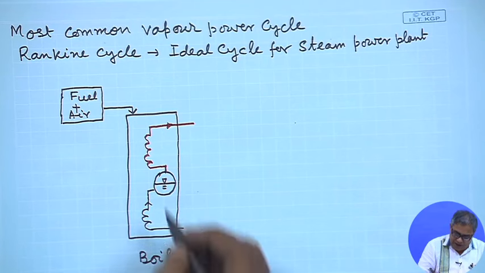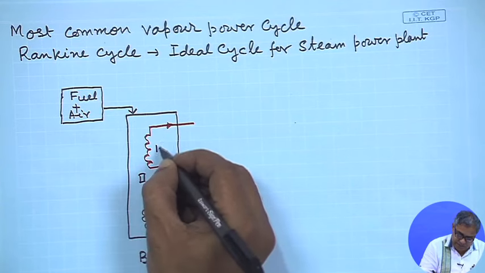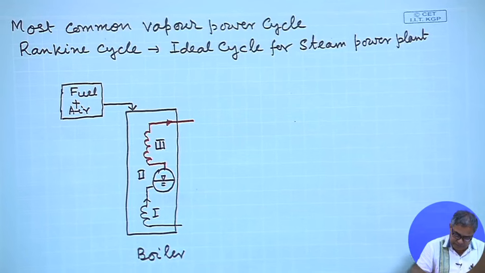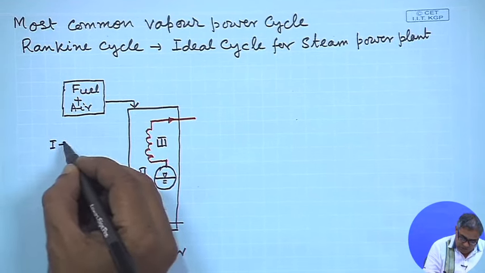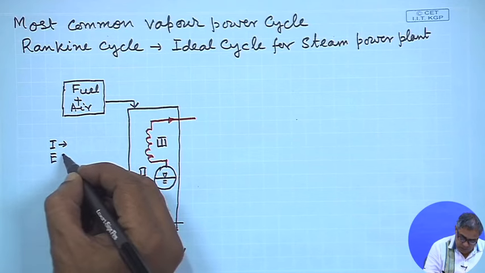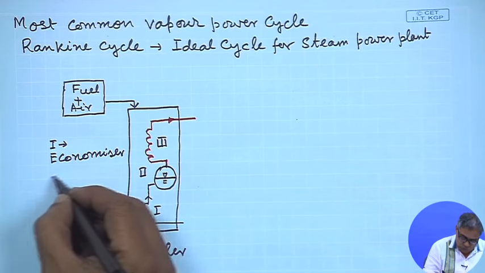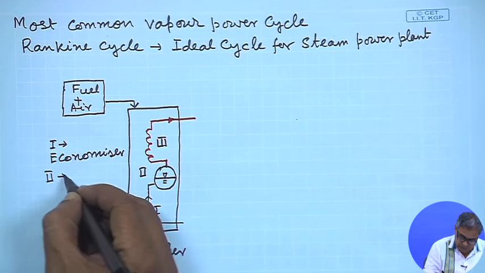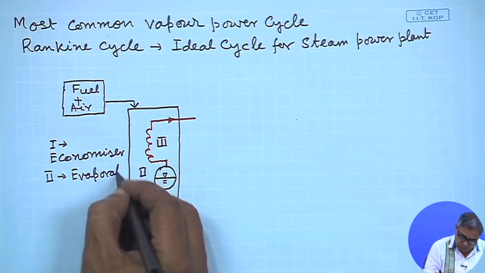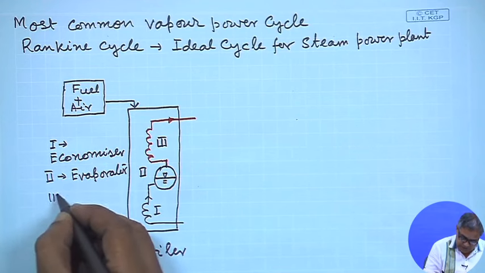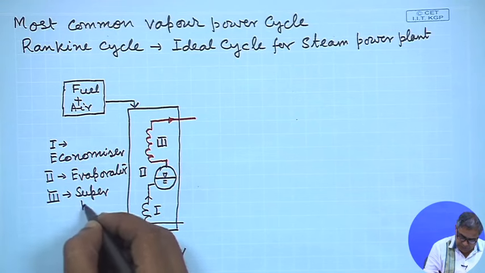So, in the boiler I have shown 3 parts 1, 2 and 3, and there I will write somewhere. One is called economizer, 2 is evaporator, and 3 is superheater.